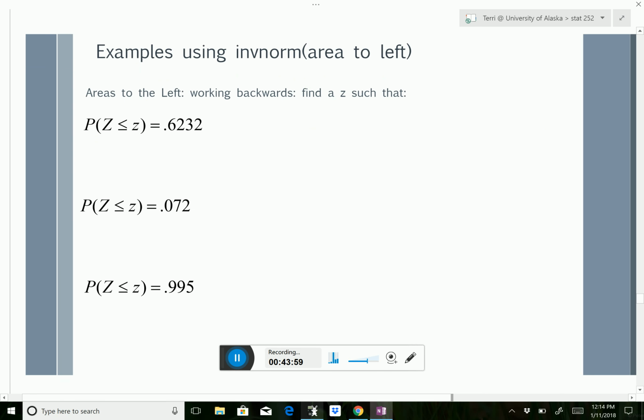Okay, so now we need to talk a little bit about working backwards. Sometimes we're given the probability and we need to go, well, what z was that? So let's take a look at this. Now in this case, we don't know the z-score. This is where you kind of have to know things about this.